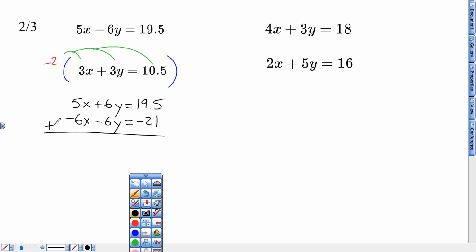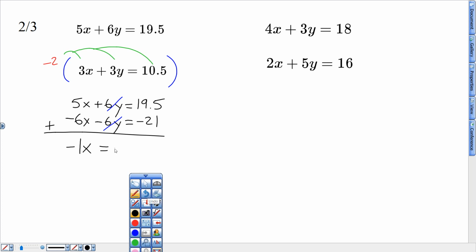The x's are going to give me -1 of those x's, so know your negative rules. These y's here cancel away, no more y's. And then again, knowing your negative rules, +19, -21, know how to do that. That's going to give me, I'm sorry, negative, oh God, be careful.